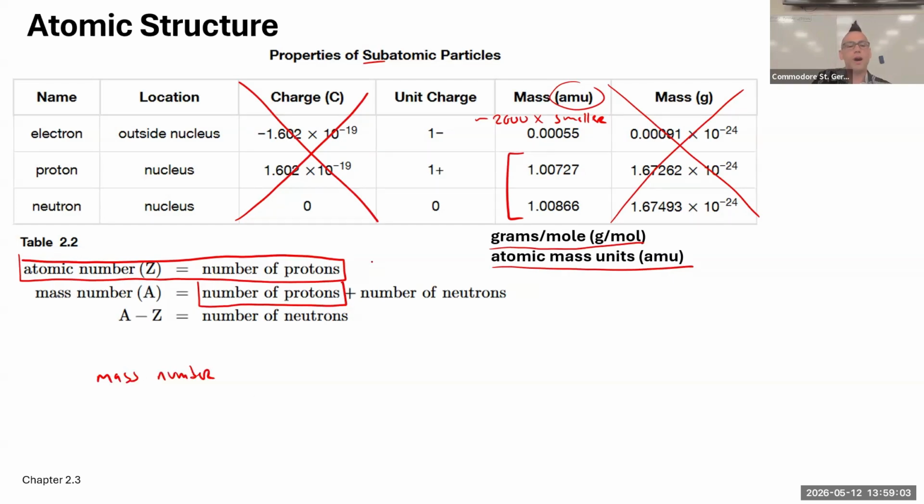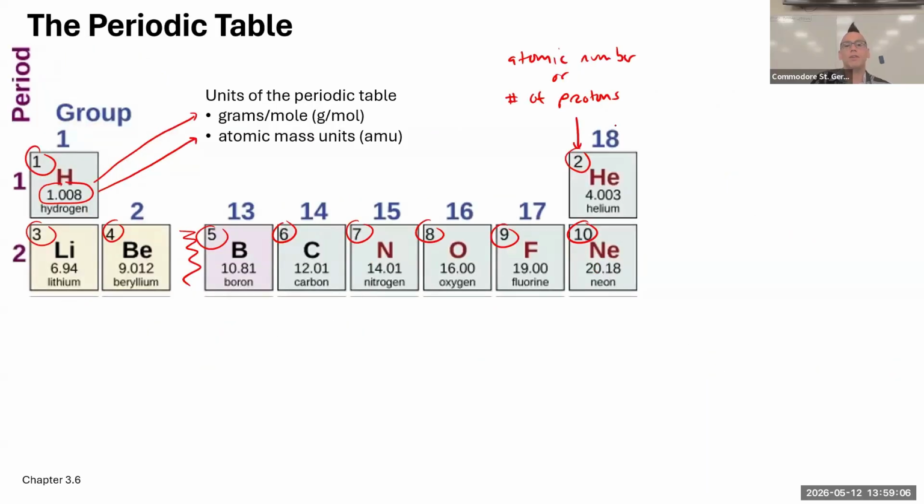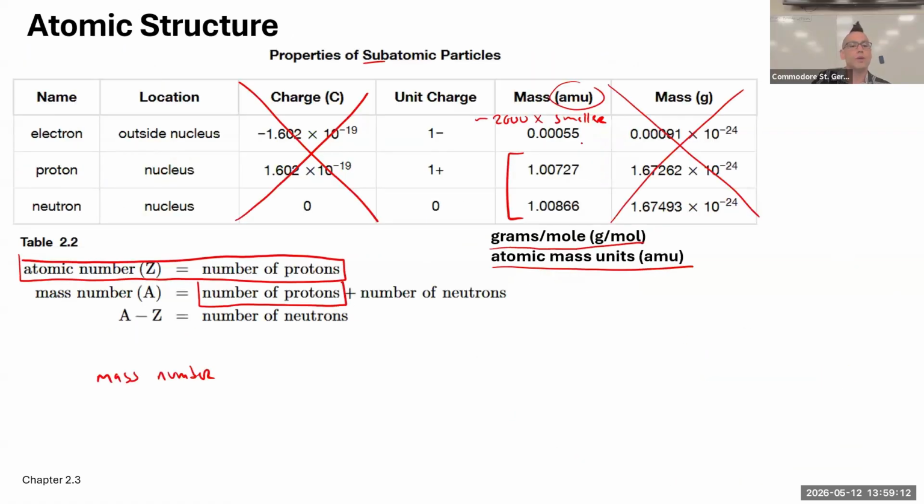let's do something for helium. So let's take this here. Helium has an atomic number of 2.